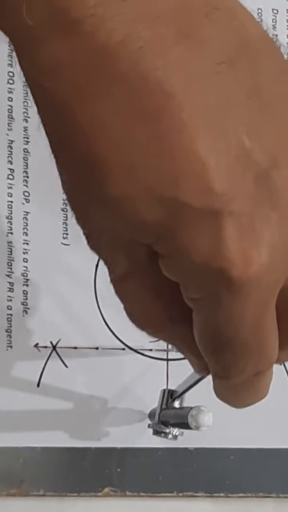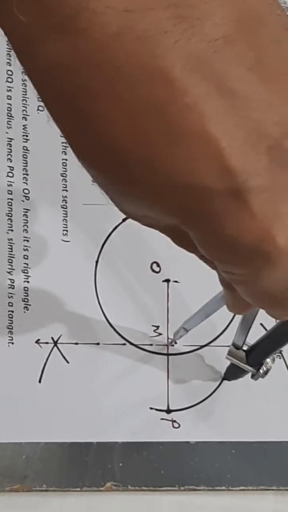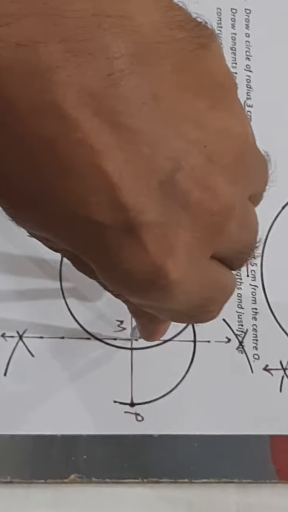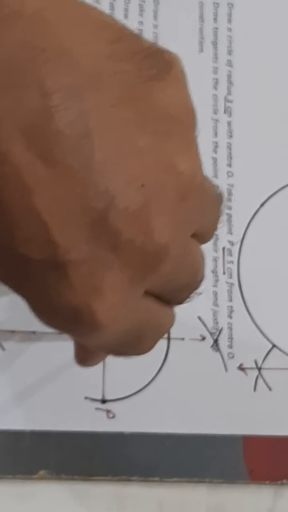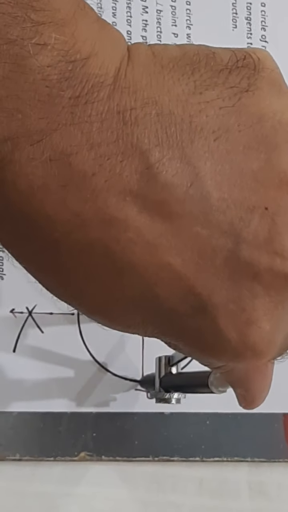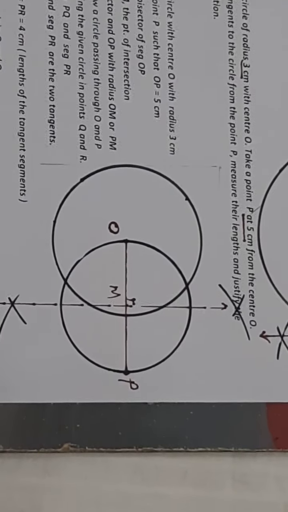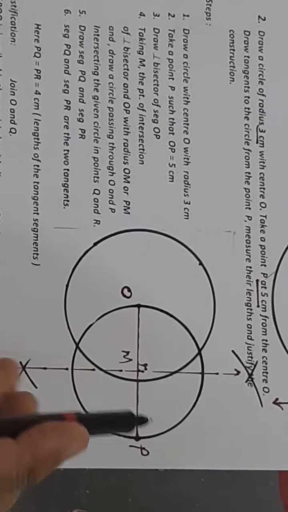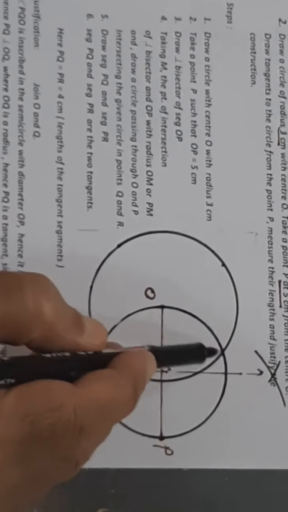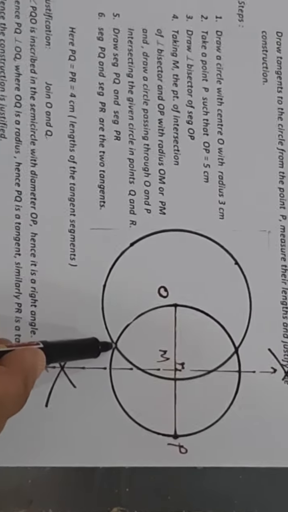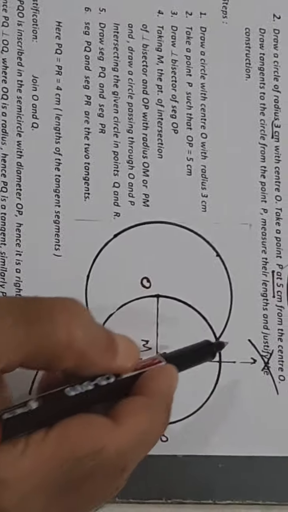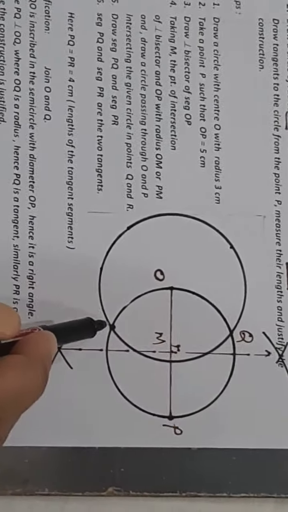So we draw the circle, it will pass through O and P. Okay, this is from point M. M is the center of the circle and OP will be diameter. Now where the two circles intersect, you name those points as Q and R. Let us take this point as Q and this point as R.